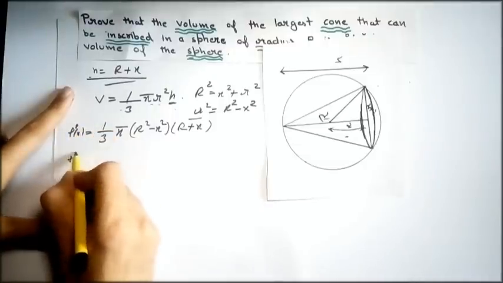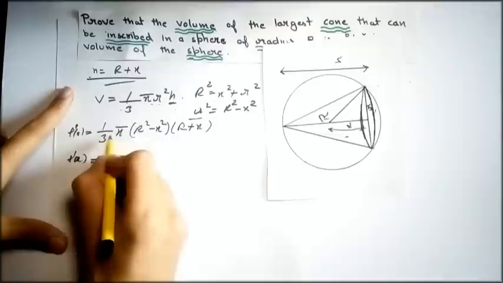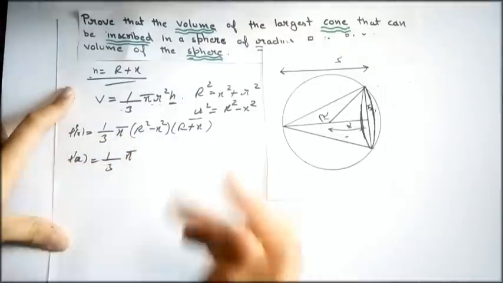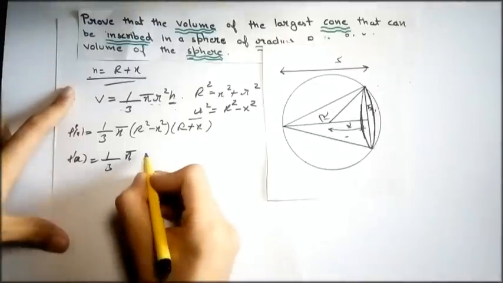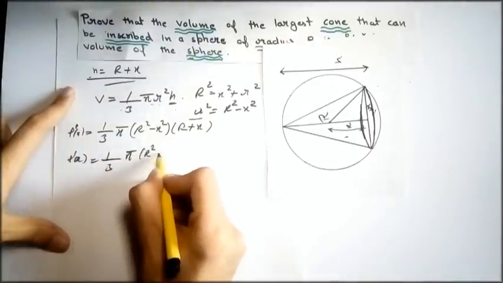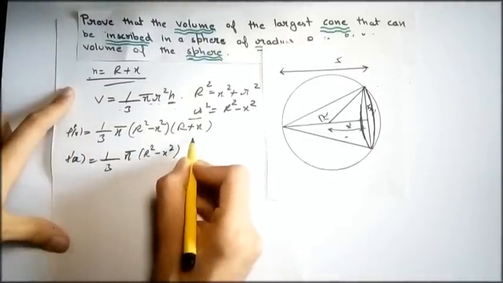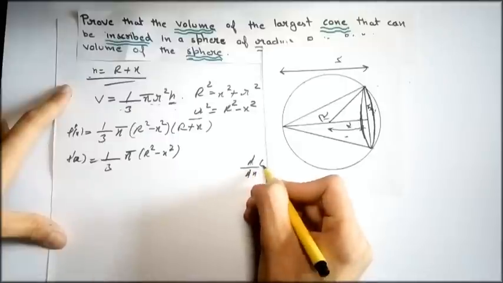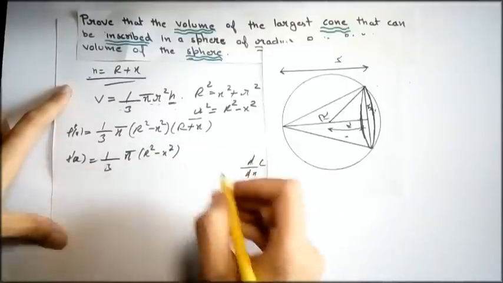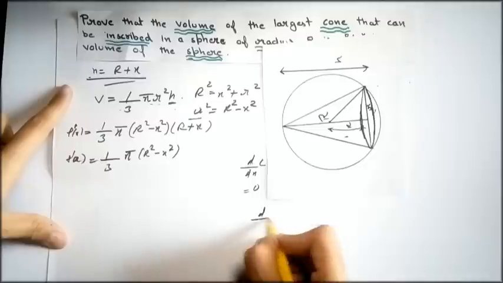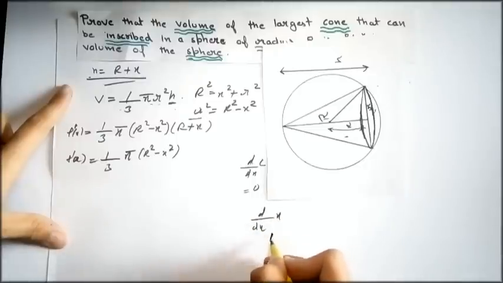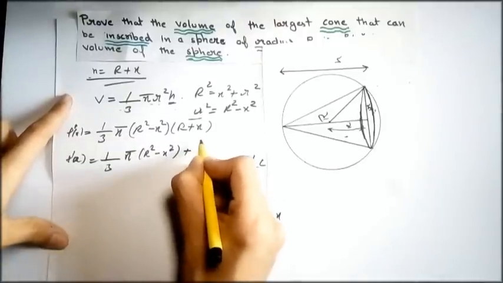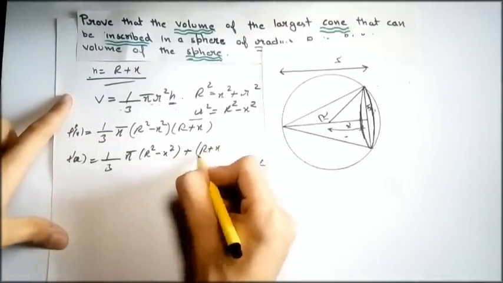Now we will differentiate. That is 1/3 pi, this is a constant times the function. First function times the differentiation of the second function, which is R plus x. The differentiation of the constant R is 0, and d/dx of x is 1, so this will be 1. Plus the second function times the differentiation of the first function.